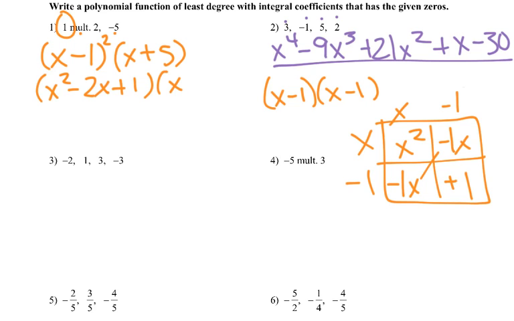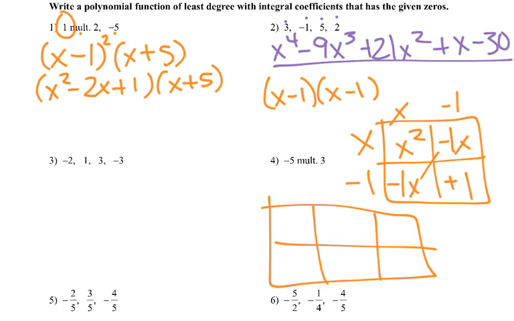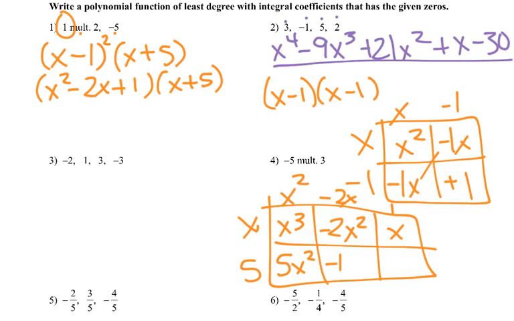And that's all being multiplied by x plus 5. So then I'd make another area model. Now you can multiply using FOIL or any other way that you like to multiply. You don't have to do it this way, but this is just the easiest way that I can think of to do it.